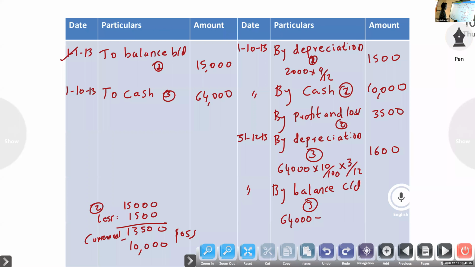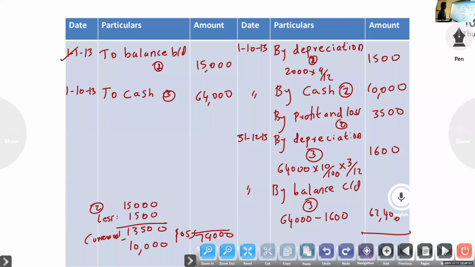Then any other thing? Oh, no, over. So only 4 years we wrote. Then 79,000 debit side total. So how many years we wrote? 2010 to 2013. Okay.